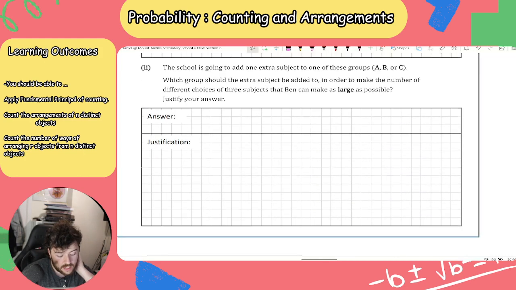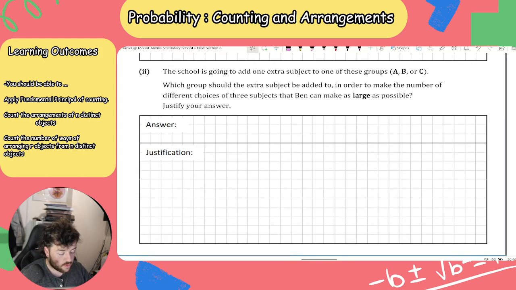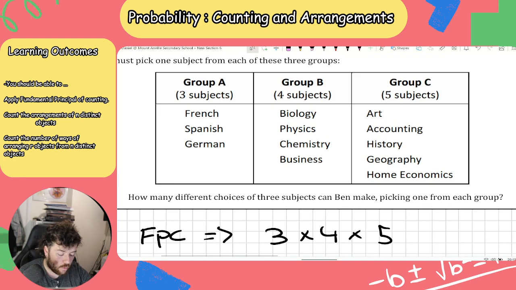The school is going to add 1 extra subject to one of these groups, A, B, or C. Which group should the extra subject be added to in order to make the number of different choices of 3 subjects that Ben can make as large as possible? So I want to know which one is going to give me the bigger number.